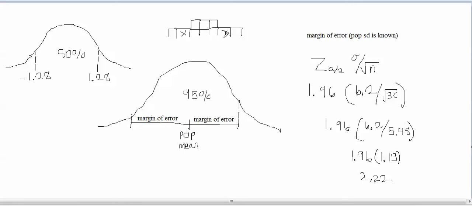We calculated the z-score of sample 2 and the z-score of sample 9 right here. And these two boundary z-scores didn't come out to negative 1.28 and 1.28. I think when we did them, they came out to maybe negative 0.8 and positive 0.8.